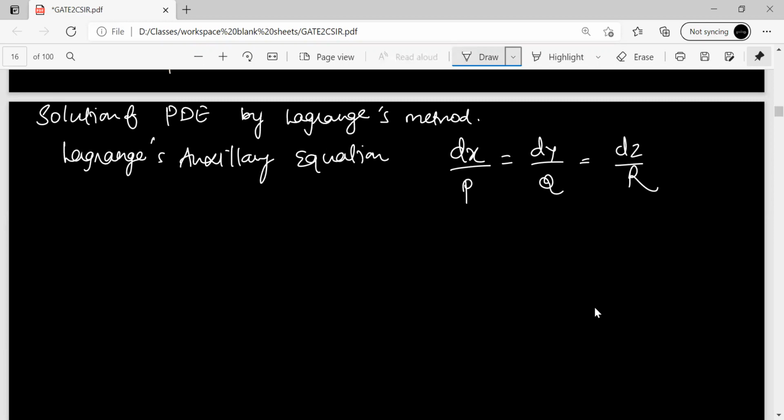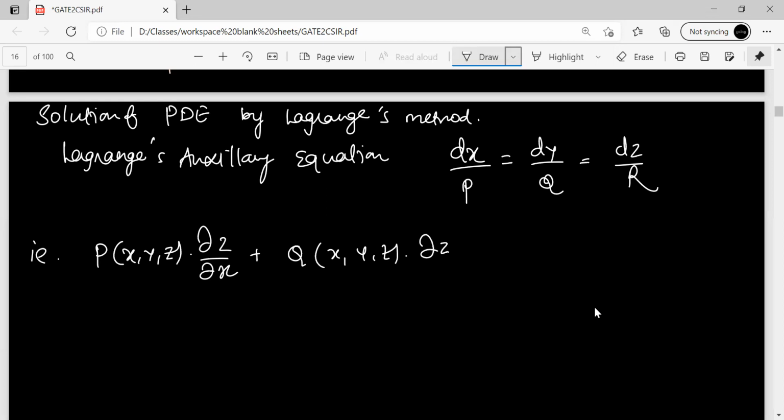Suppose we get a PDE of this type, say P of x, y, z times del z over del x, plus Q of x, y, z times del z over del y, equals R of x, y, z.